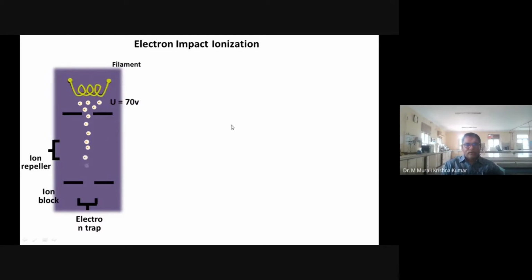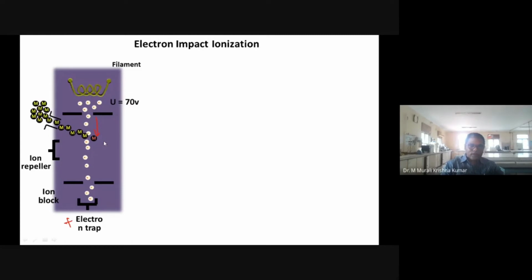So when electrons are generated, we keep a positively charged electrode on the other side, so that electrons will travel in this direction with appreciable speed. Then from the sample inlet, we introduce the drug molecule in vapor condition.